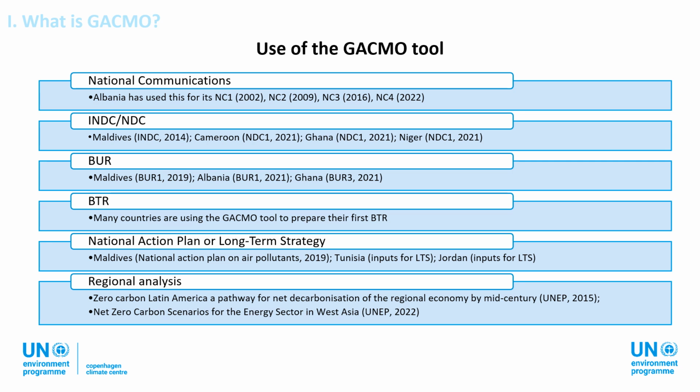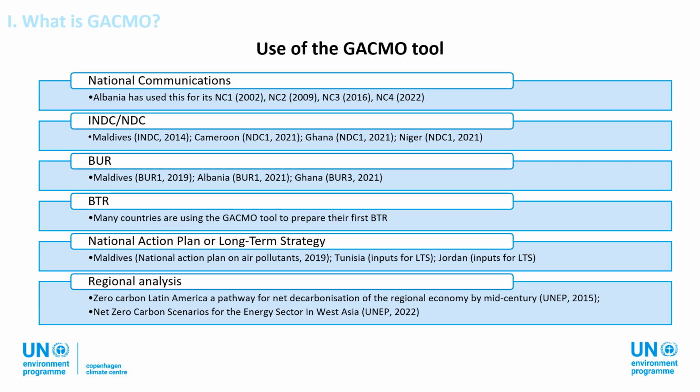This slide provides an overview of the use of GACMO tool. GACMO tool has been used by many countries for various reports, studies, national climate change mitigation strategies, and action plans. For example, Albania has used it for its first national communication, second, third, and fourth national communications. Maldives, Cameroon, Ghana, and Niger used GACMO for development of its nationally determined contributions.